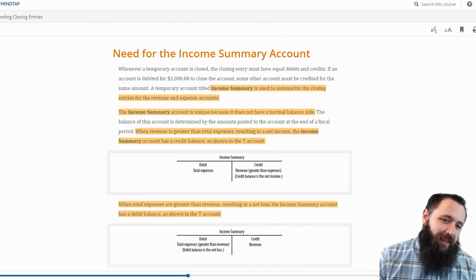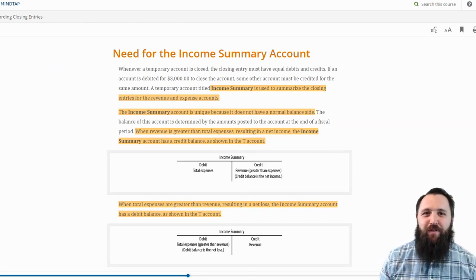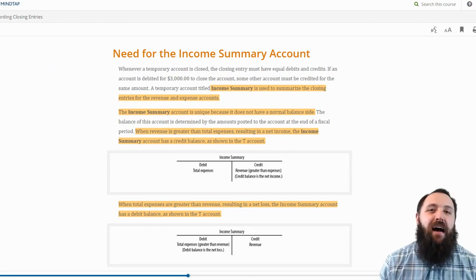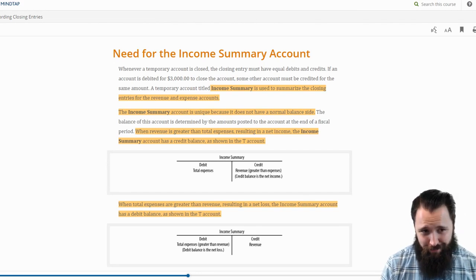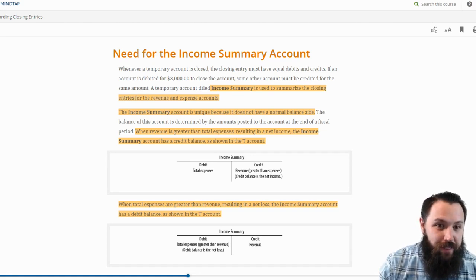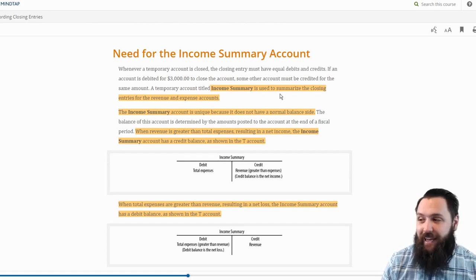All right, now we get into this income summary account, the thing we've been passing over on that worksheet for the last couple chapters, and just go, don't worry about it for now. Now we get into it because the income summary is very important when it comes to closing out temporary accounts. So if we look here, the temporary account that's titled income summary is used to summarize the closing entries for revenues and expenses.